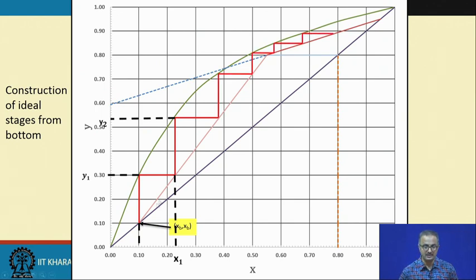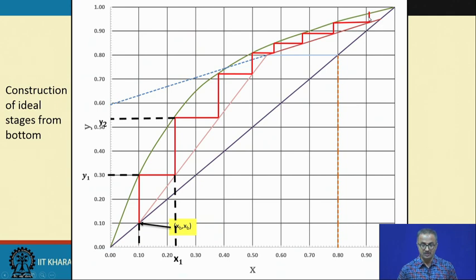The only thing you have to mind is that in this case the vertical line represents one equilibrium stage, unlike the horizontal line in the staircase construction from the top. So to know the ideal number of stages, we just count the vertical lines. As we construct these lines, as soon as the vertical crosses this xd point, we stop our construction.